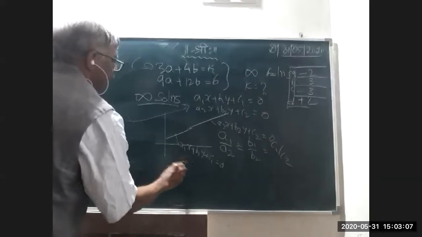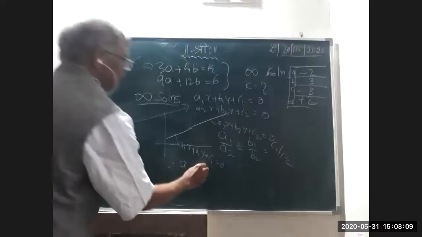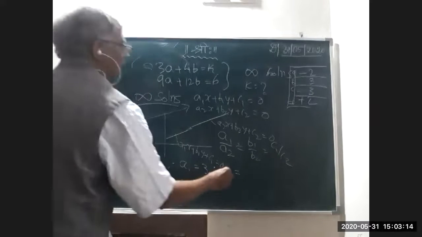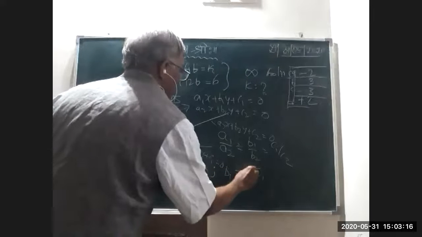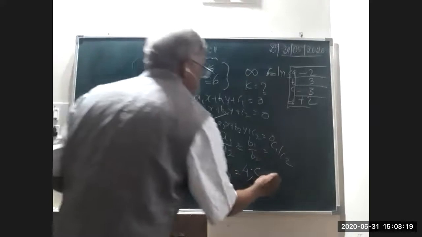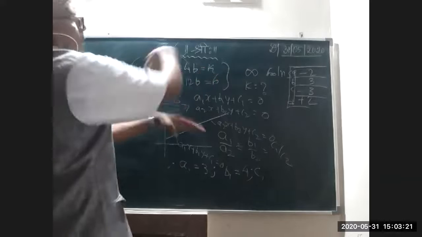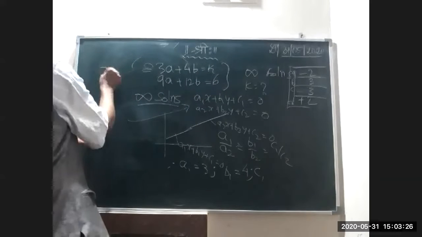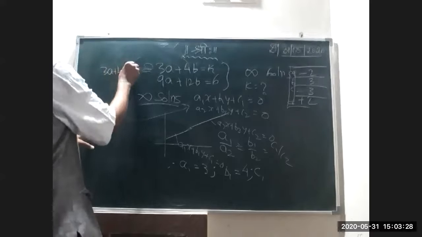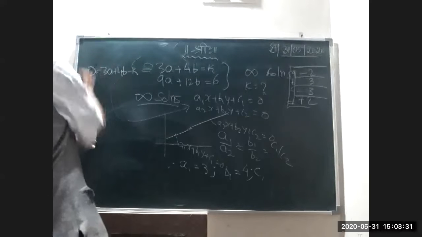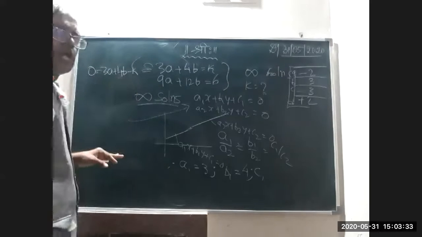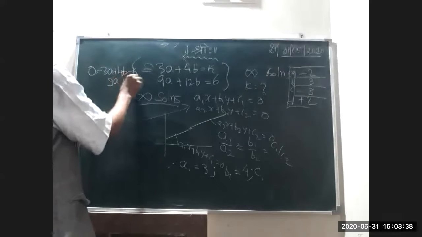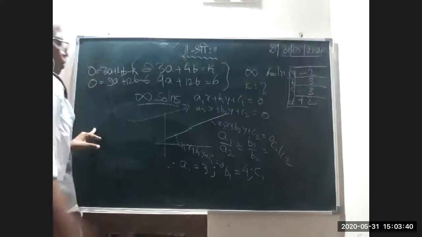Now comparing this with the equation, what are the coefficients? The coefficients in the problem are a1 is 3; b1 is 4; c1 is k. In fact, this k can be brought to this side, so 3a plus 4b minus k is equal to 0, and similarly 9a plus 12b minus 6 is equal to 0.